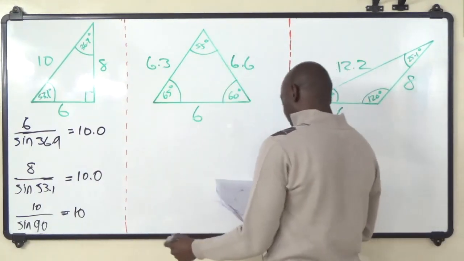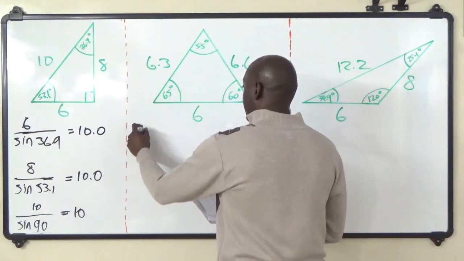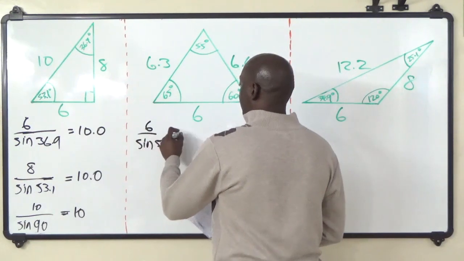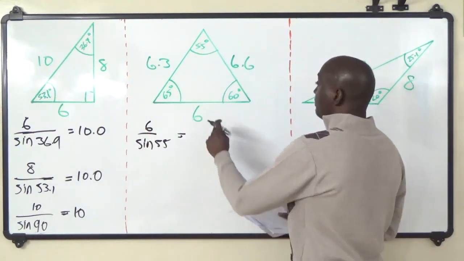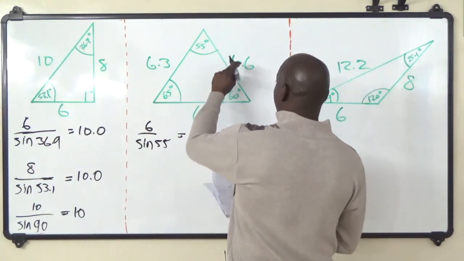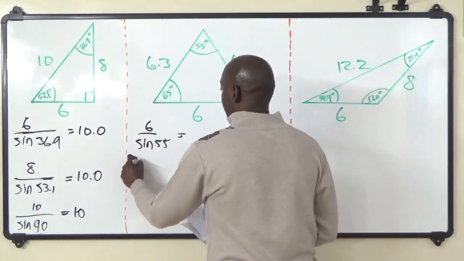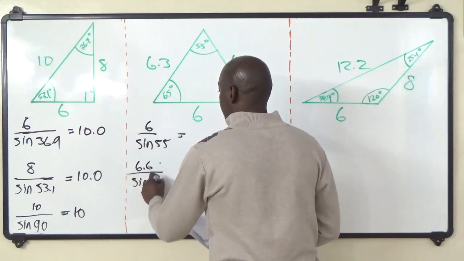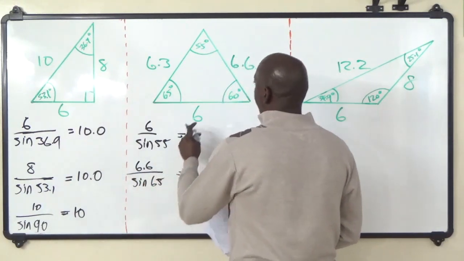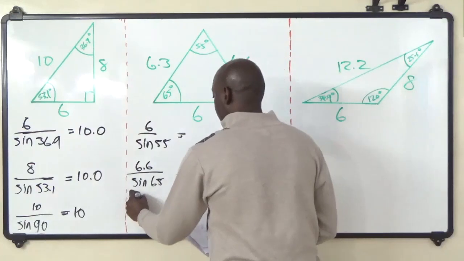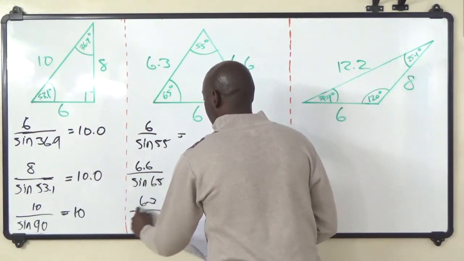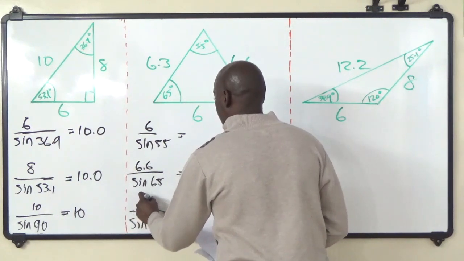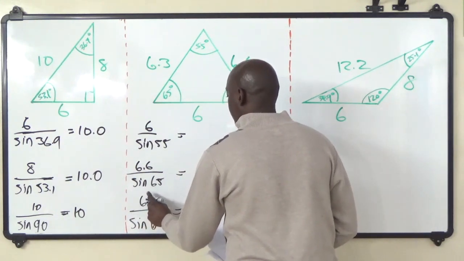In this triangle, the sine rule will be applied as follows. 6 over sine 55 is equal to something. 6.6 over sine 65 is equal to something. And then 6.3 over sine 60 is also equal to something.